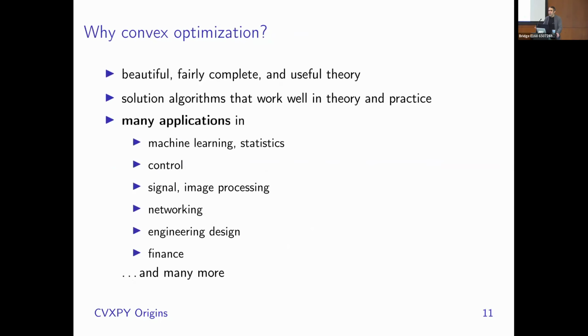And this, it turns out, is a really useful class of optimization problems that you can solve very efficiently and reliably, but that cover a very wide range of applications.